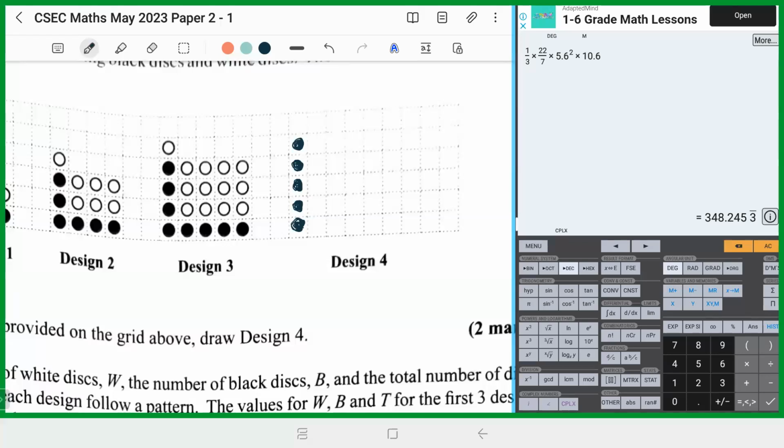We have a white on top. We're going to put a hollow circle like that. Now 1, 2, 3, 4, 5.